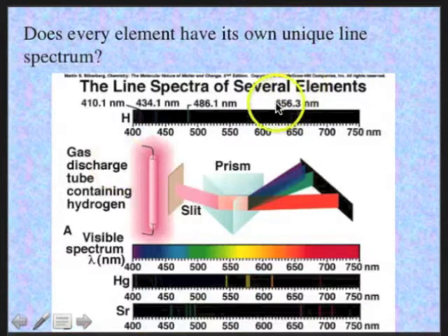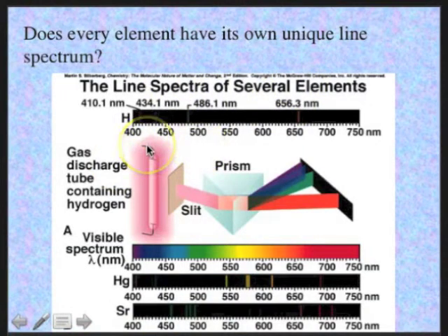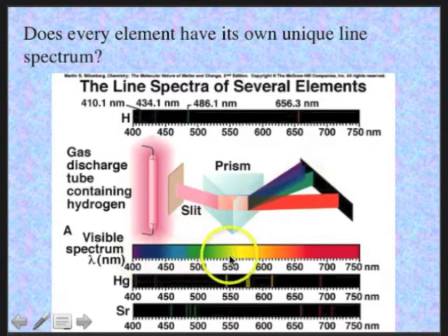But what you might not know is that if we take certain elements like hydrogen and put them in a tube and pass electricity through that element, it begins to glow and put out a light. And if we take that light, put it through a slit and then a prism, we do not get the full range of colors that we're used to seeing with white light.